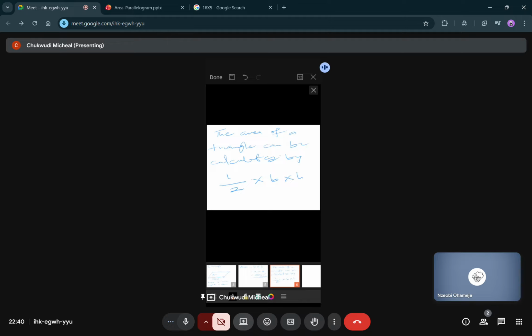Take that down. One over two, that is like one over two in fraction form, right? Can you see my screen? So that's it: the area equals one over two times base times height.